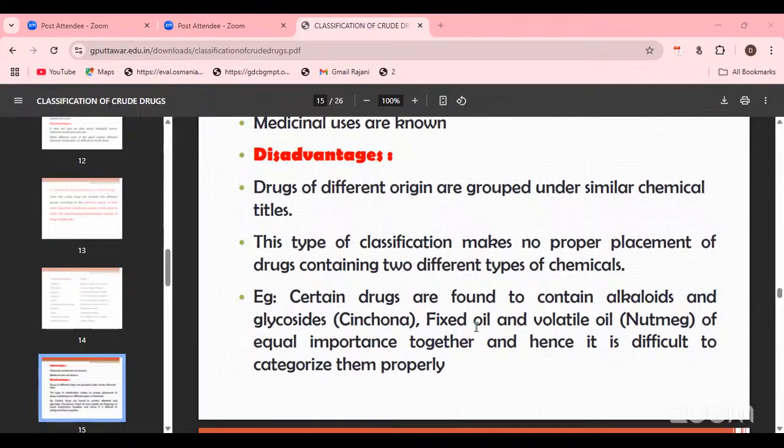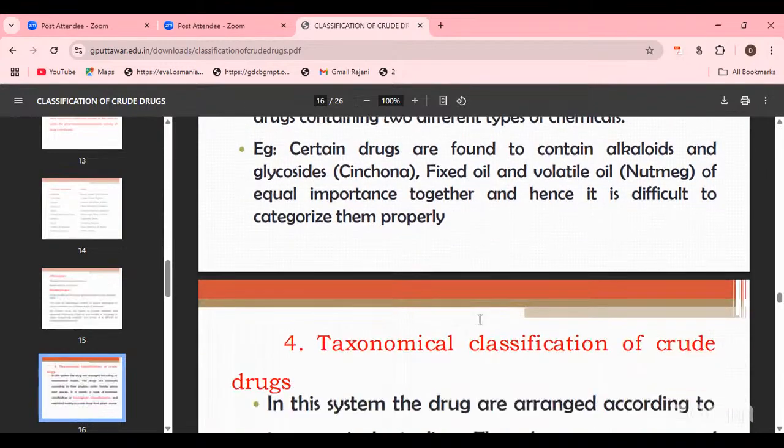Certain drugs are found to contain both alkaloids and glycosides, such as cinchona. Fixed oil and volatile oil, as in nutmeg, are of equal importance together, and hence it is difficult to categorize them properly.